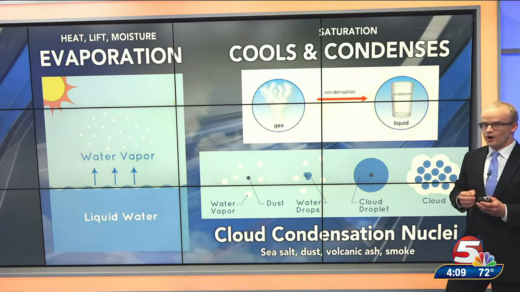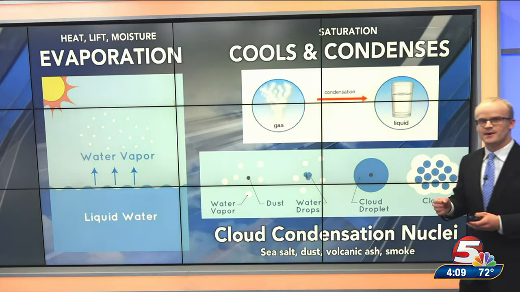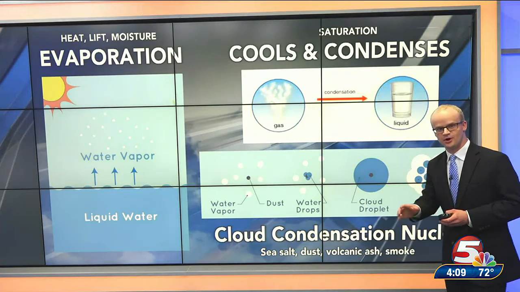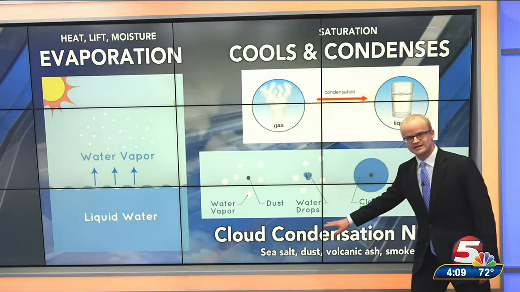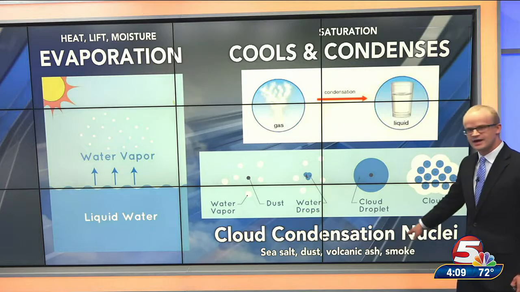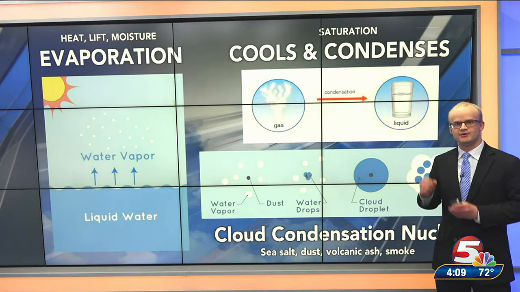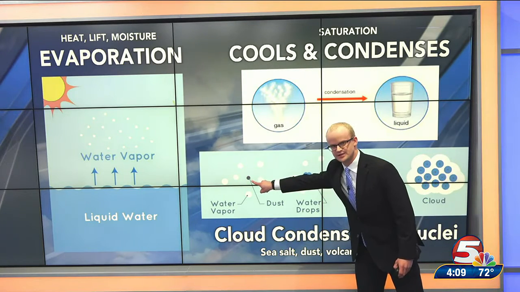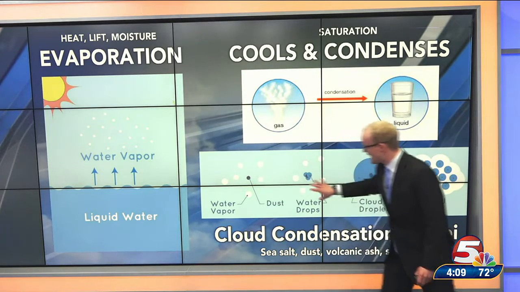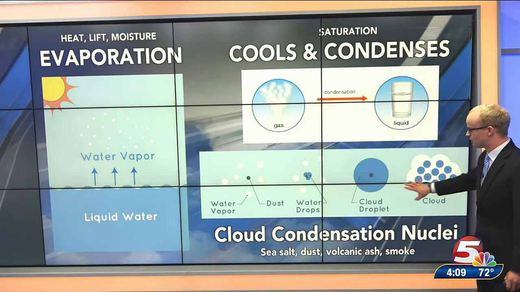Now, the water droplets cannot condense on nothing. They need to condense on little tiny microscopic particles called cloud condensation nuclei. Those can be sea salt, dust, volcanic ash, smoke, really tiny particles in the atmosphere that are floating around. Water droplets cling on to those cloud condensation nuclei, for example dust, and eventually expand to form cloud droplets.